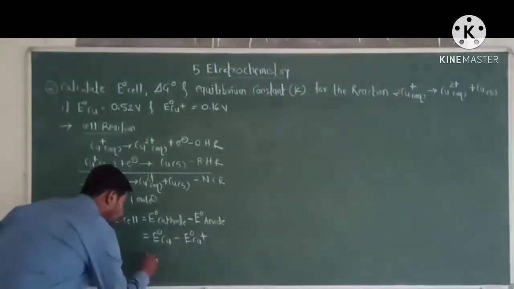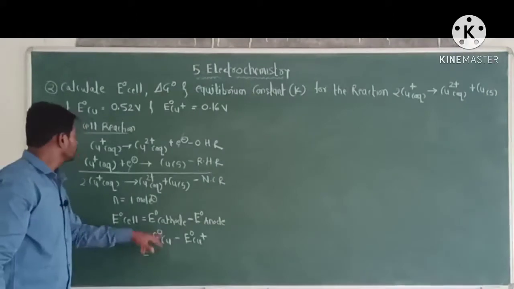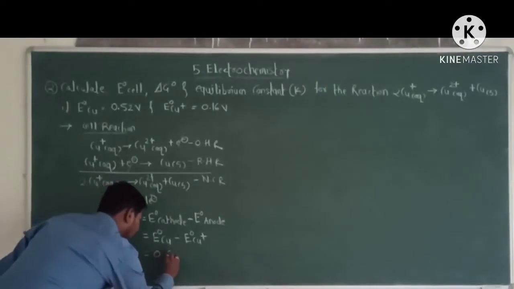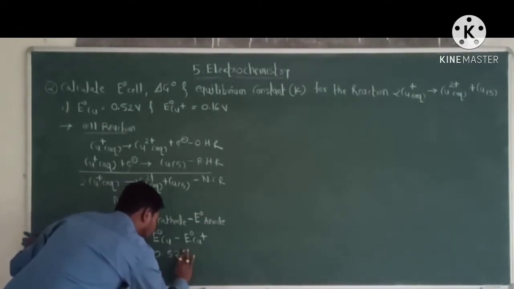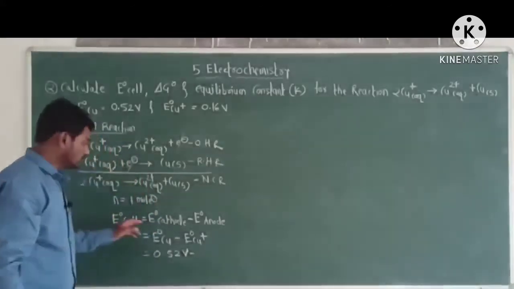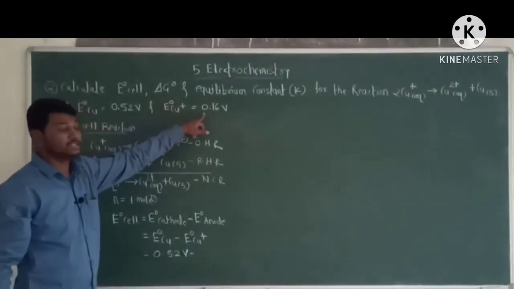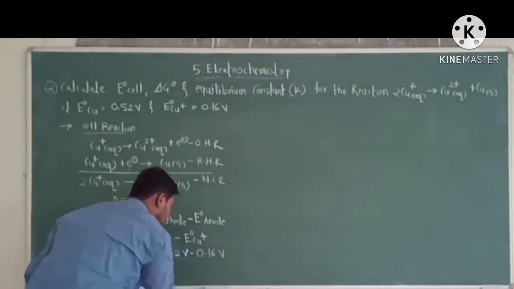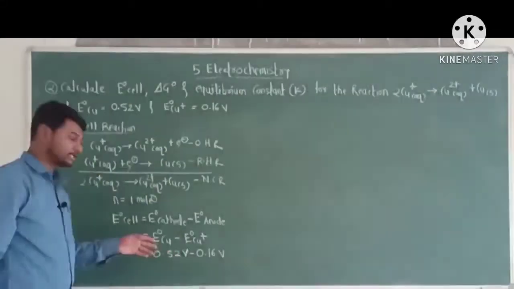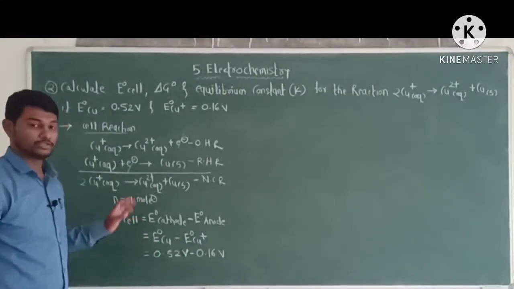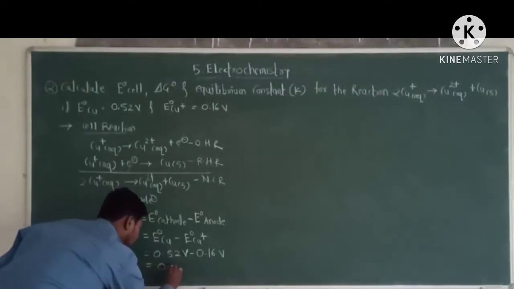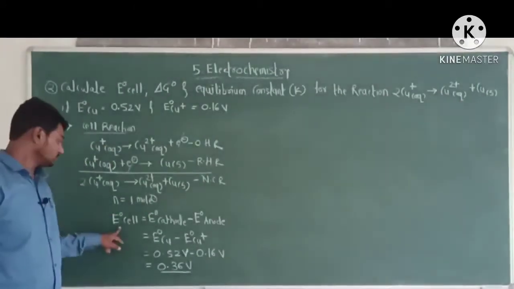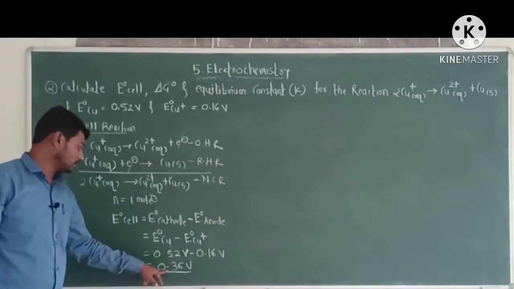Now put the value: E0 Cu is equal to 0.52 volt, minus E0 Cu+, which is 0.16 volt. Solve this equation, we get the final answer: E0 cell, the standard cell potential, is 0.36 volt.